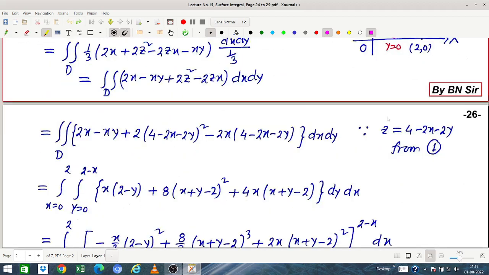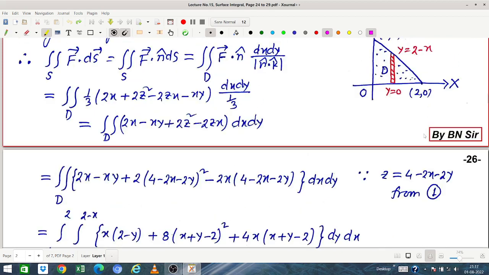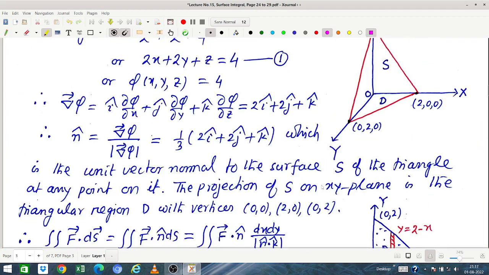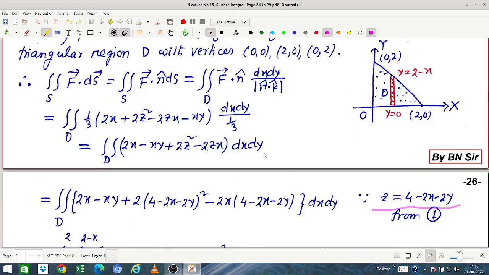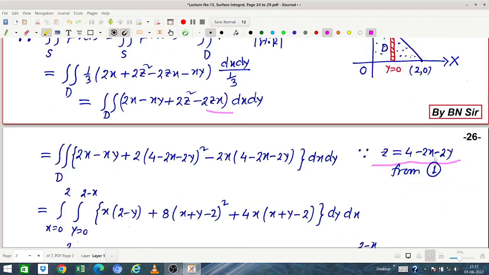And now on this surface, actually z is what? 4 minus 2x minus 2y. See, this is our equation of the surface. So z is 4 minus 2x minus 2y, and this z is replaced by 4 minus 2x minus 2y.